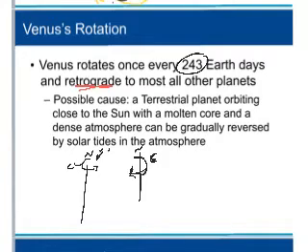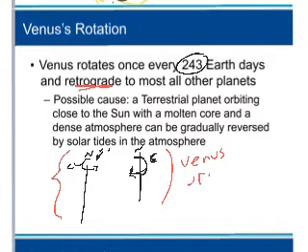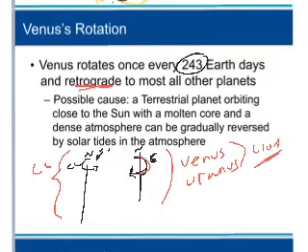Retrograde means that it's rotating backwards, in the opposite direction. Like we mentioned, all the planets rotate counterclockwise except Venus and Uranus. These two planets rotate clockwise. The rest rotate counterclockwise. So these two planets rotate retrograde to the Earth.